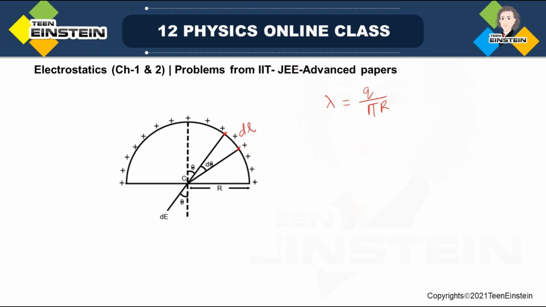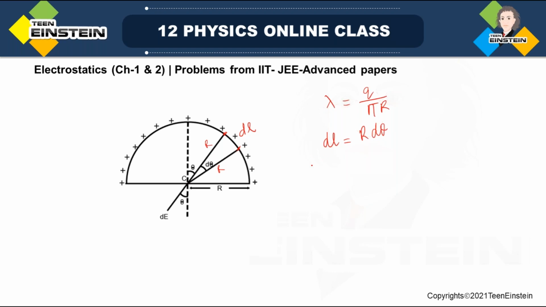Lambda is the linear charge density. If this is capital R, this is the radius. So dl will be capital R d theta, right? This is simply the arc length divided by R is the angle.